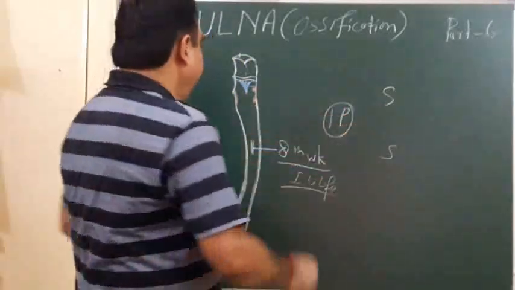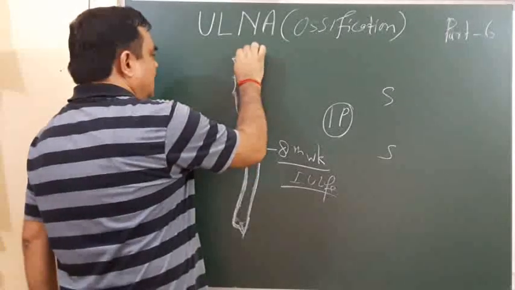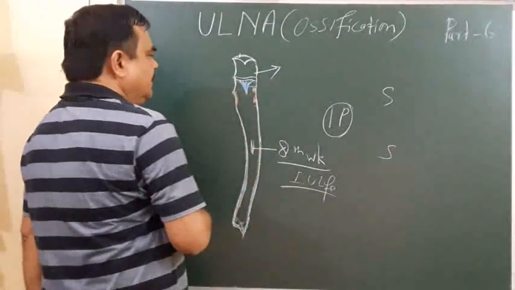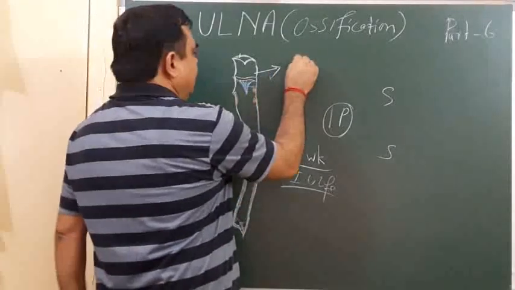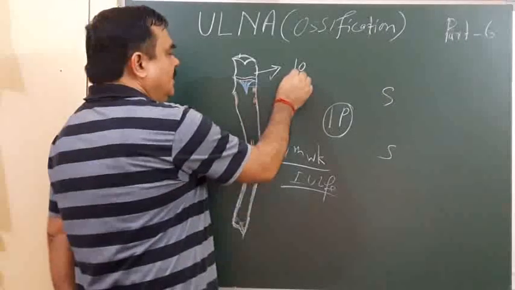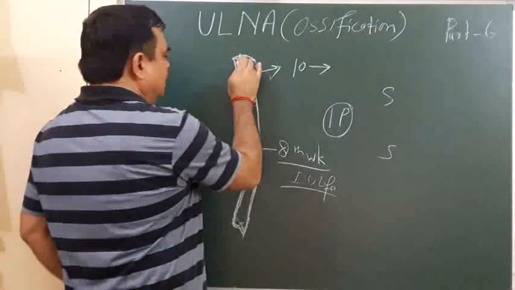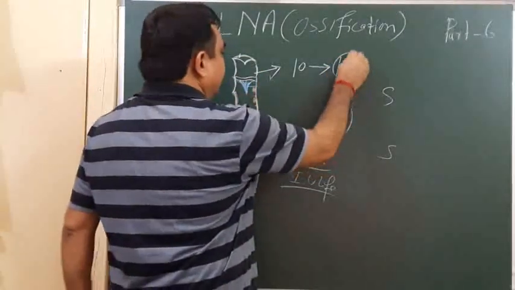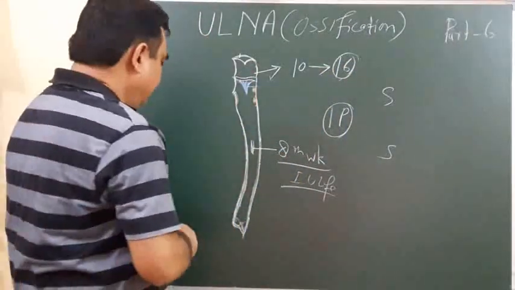For the upper end, it ossifies in secondary centers. Here the secondary center appears during the 10th year of life, and it fuses with the shaft during the 16th year.